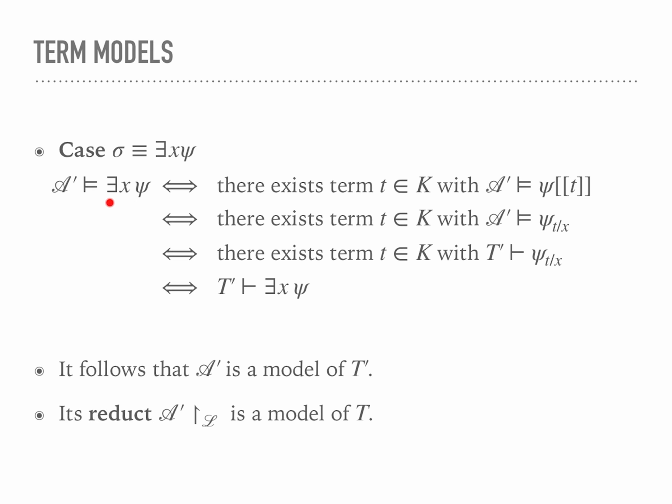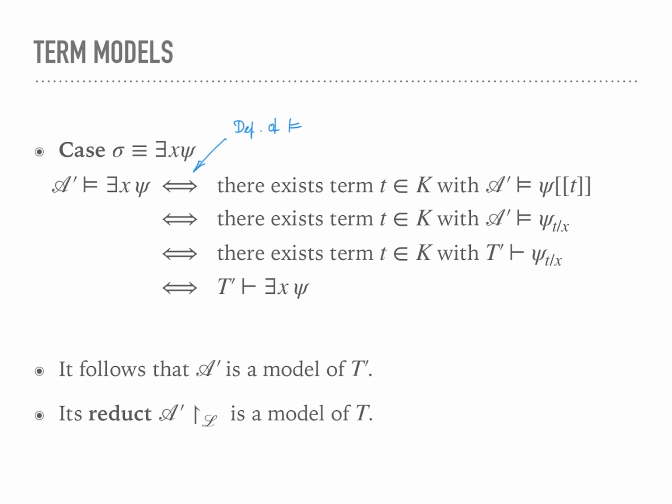The formula exists x psi holds in A prime if and only if, by definition of the satisfaction relation, there exists an element of the universe A prime such that if I plug that element into psi and evaluate that inside A prime, this formula holds in A prime.